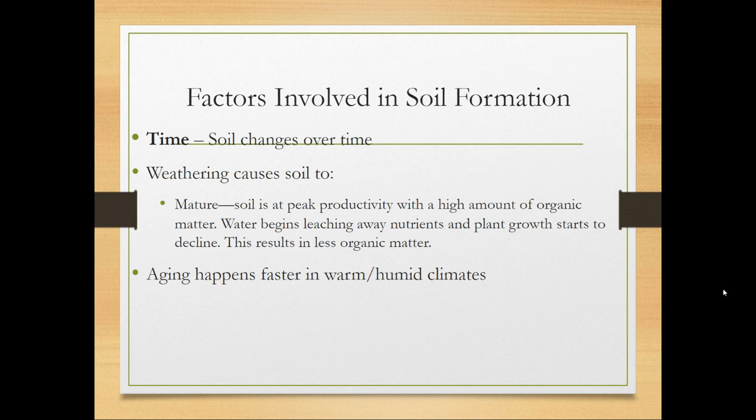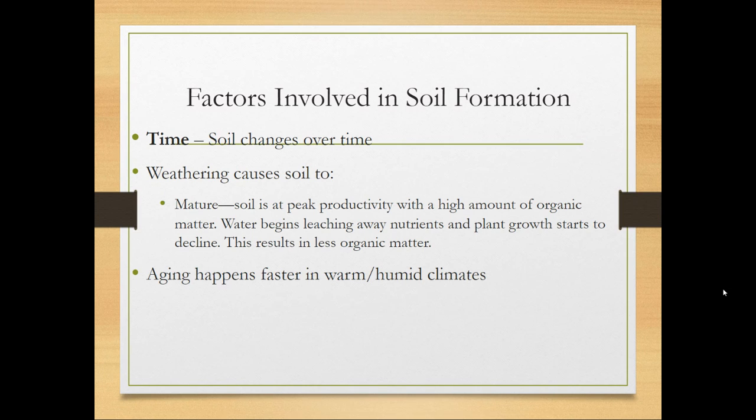So weathering will cause soil to mature, and this means that soil is at peak productivity with a high amount of organic matter. So when we talk about mature soil, we're talking about soil that contains a lot of organic matter, which is needed to grow plants, crops, any type of vegetation, which is also, again, sorry for the bell, the basis of that ecosystem in the soil. Now, there's different ways that those nutrients can be lost. Water begins leaching away those nutrients through erosion or just pulling them through the ground into the underground water table.